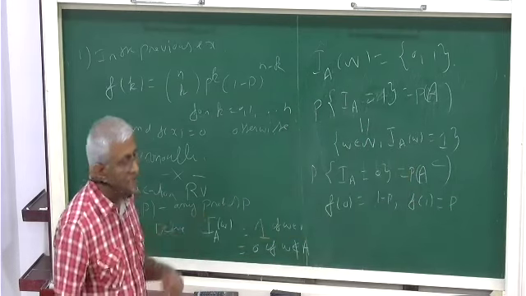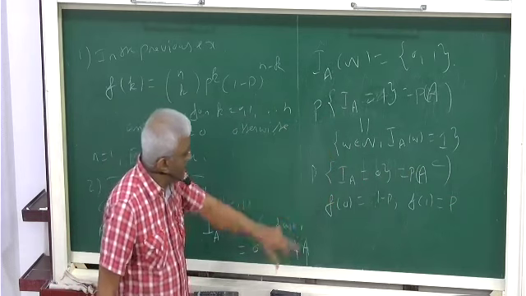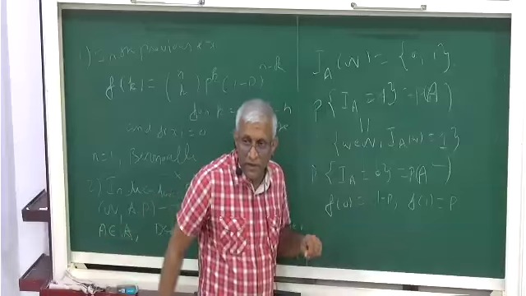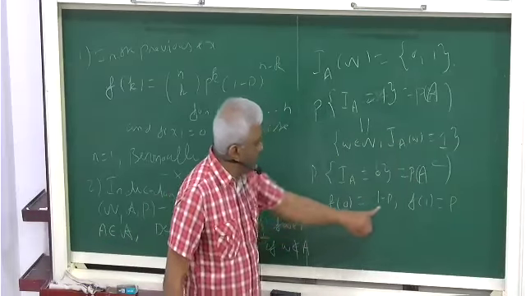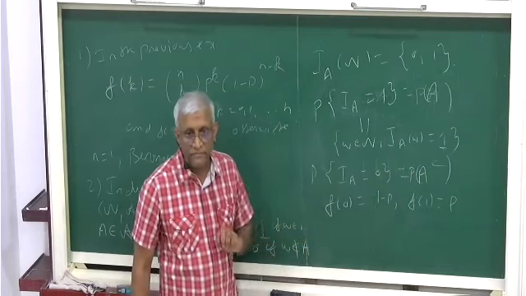This random variable takes only two values, and you can forget the probability space. There are only 2 points: for the point 1 the probability is p, and for the point 0 it is 1 minus p.